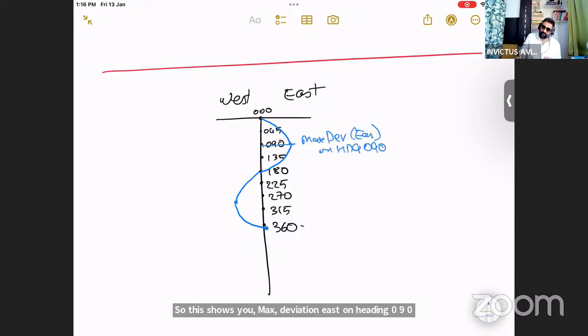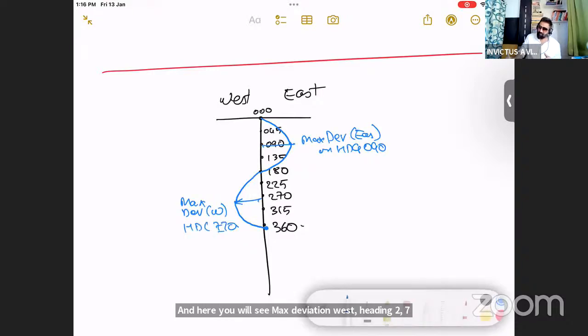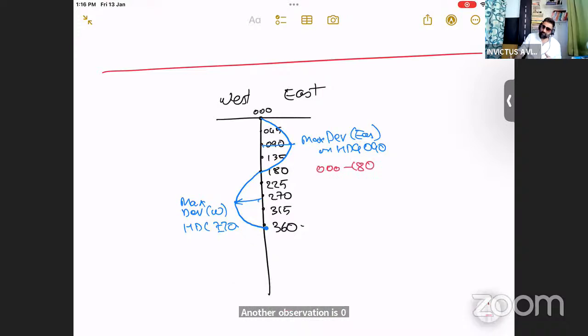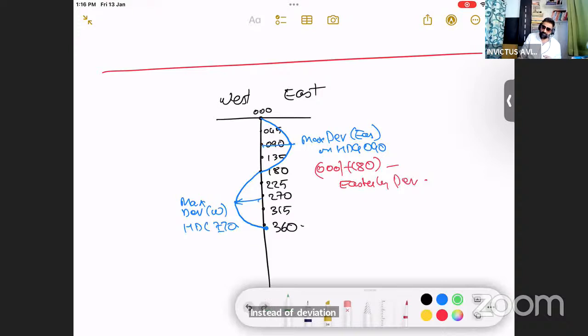And here you will say max deviation west, heading 270. Another observation: 000 to 180, easterly deviation. And here you will write 180 to 360, westerly deviation.